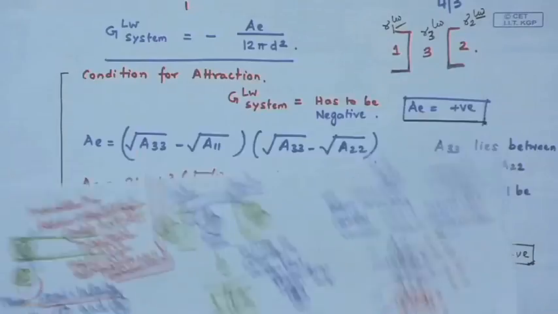Essentially the two separate interfaces, the 1,3 and the 2,3 interfaces, would like to merge to form a new 1,2 interface at the cost of disintegration of the film 3. So a film will be unstable if there is an attractive interfacial interaction between its two interfaces.